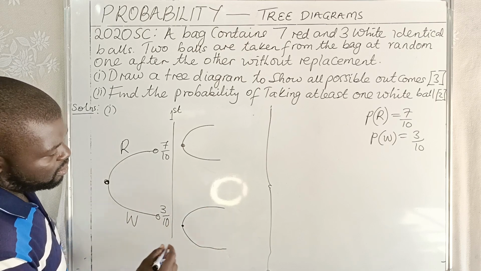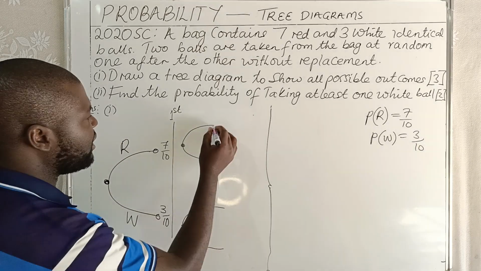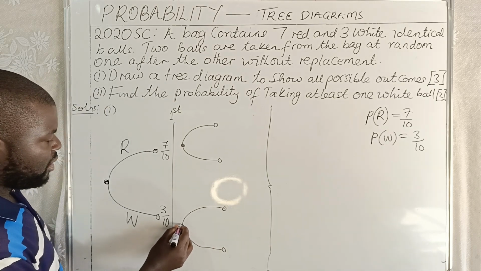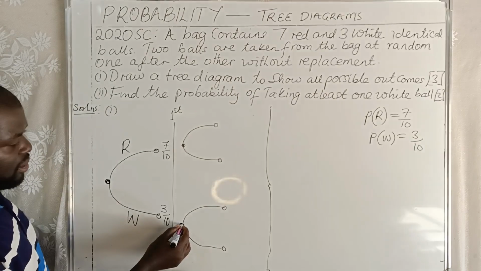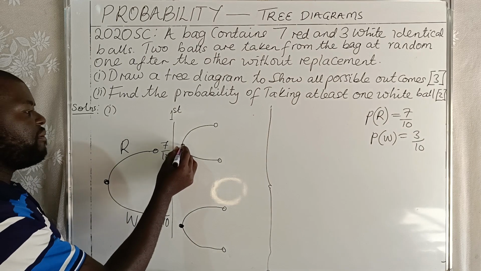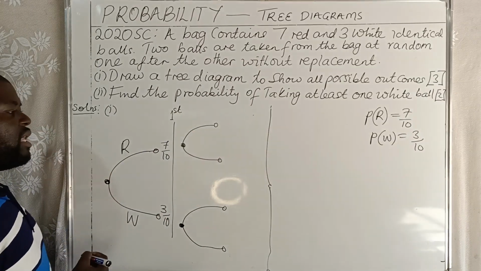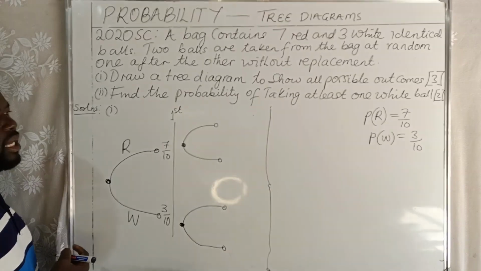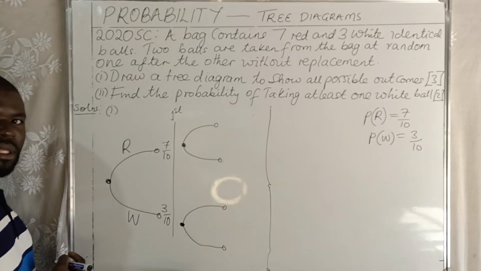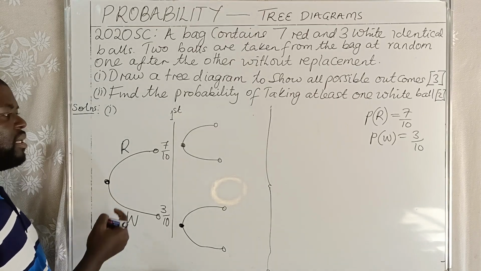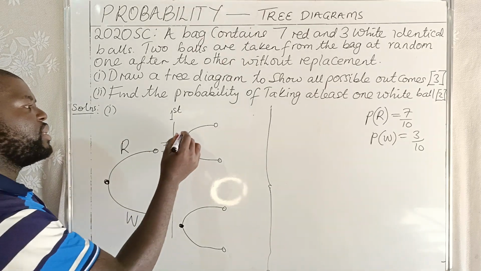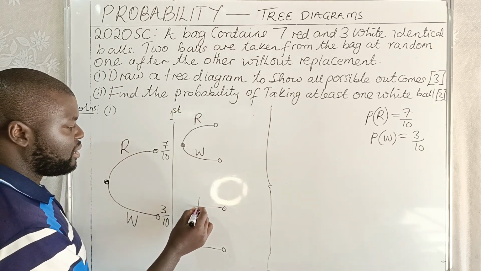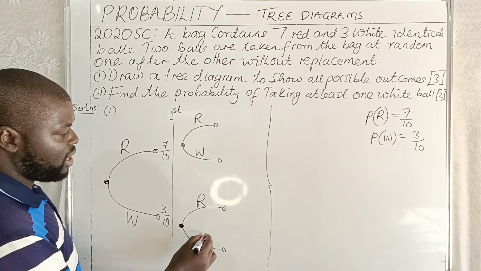From the white branch we have this set, and from the red branch we have this other set, and we should maintain the same arrangement as in the first set of branches. We started with red, then white, so even here, red then white, and red then white.